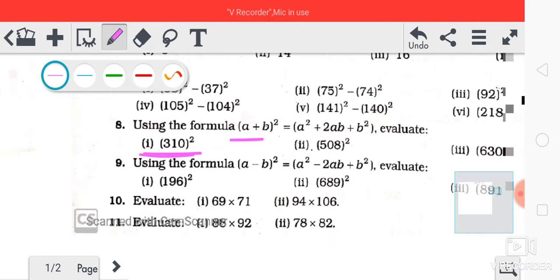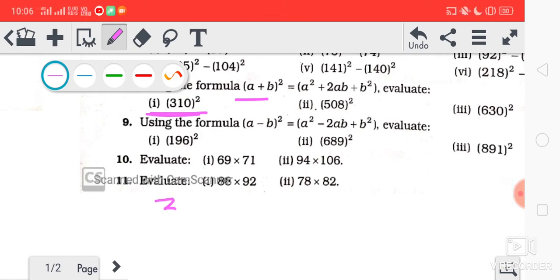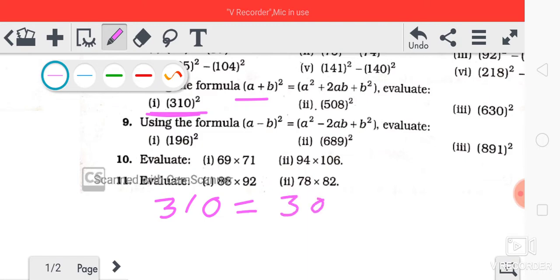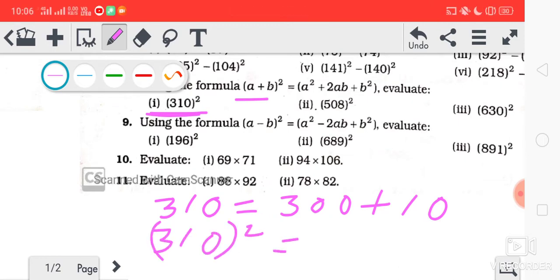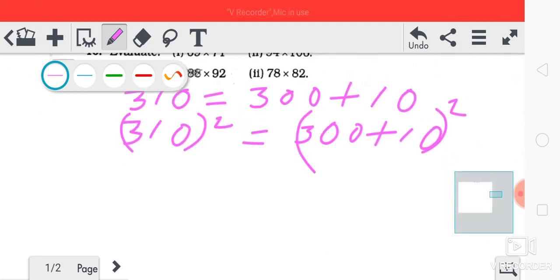So 310 square we have to write first in the form of 310 can be written as what? 300 plus 10. Okay. So 310 square, what we can write? We can write as 300 plus 10 whole square, isn't it?